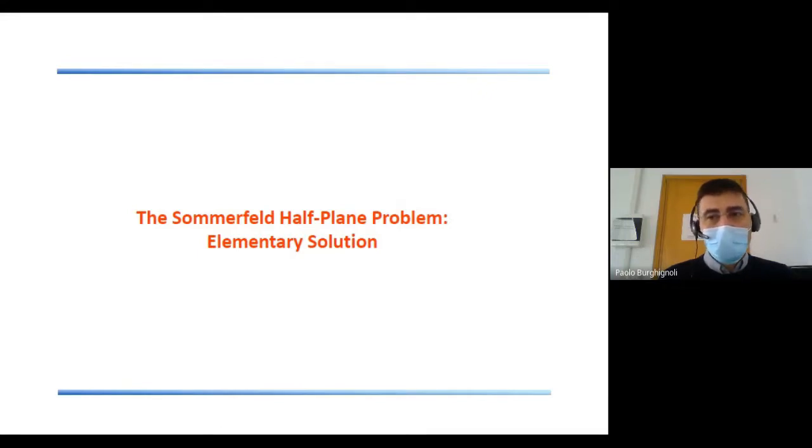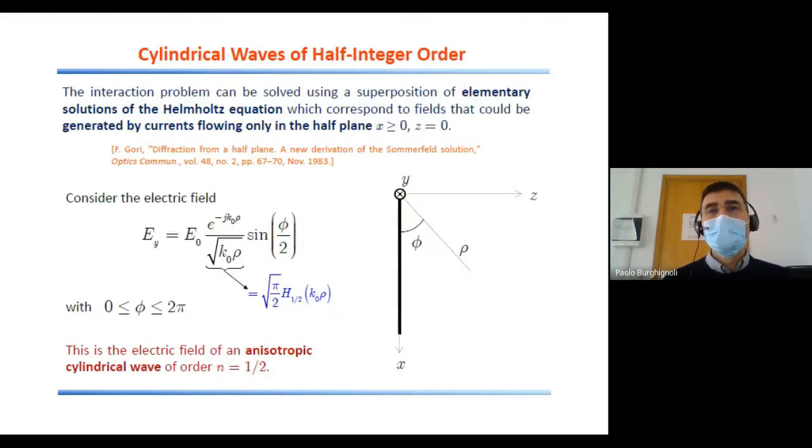However, before doing that, we will address the elementary solution found almost a century after Sommerfeld by Professor Franco Gori, which is anyway very instructive because it is based only on elementary waves. In particular, he found in this nice, very short paper in Optics Communications that the solution could be found using cylindrical waves of order 1/2.